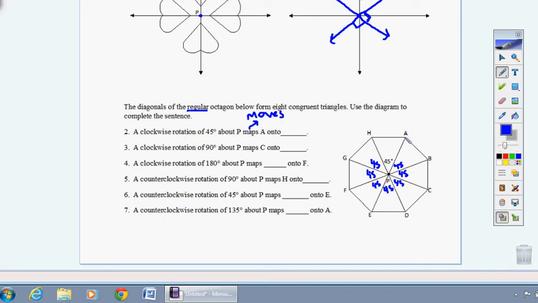If I move A 45 degrees clockwise, I'm going to end up on point B. The next one says a clockwise rotation of 90 degrees, again about P, moves C onto what? Well, now I have to move C 90 degrees. A 90-degree rotation is the same as two 45-degree rotations. So I'd go 45, 90. That would move point C onto E.